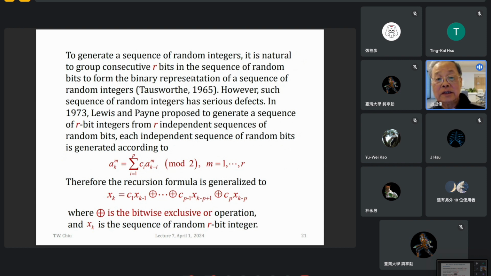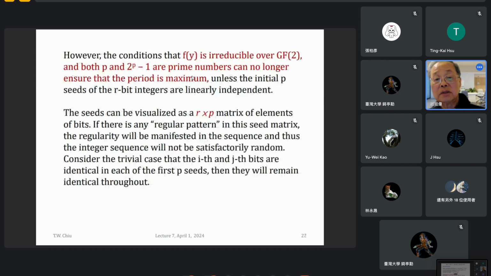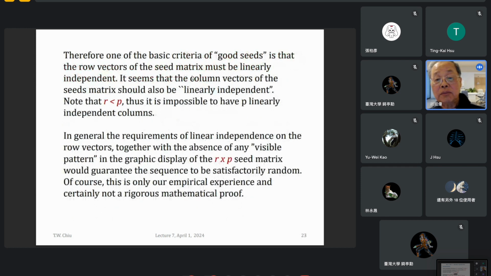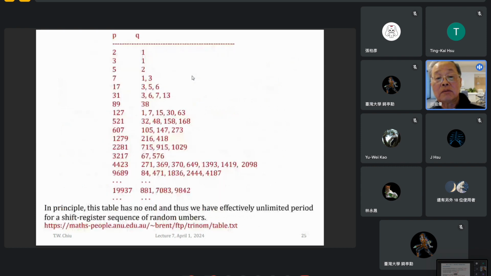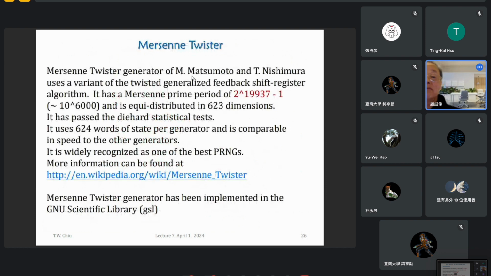And the most advanced algorithm in this approach is the Mersenne Twister, because it mixes many different sequences of the shift register algorithm random numbers together, and can get good randomness as well as a very long period.